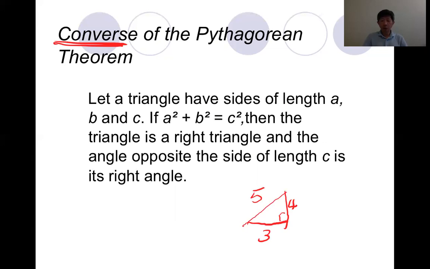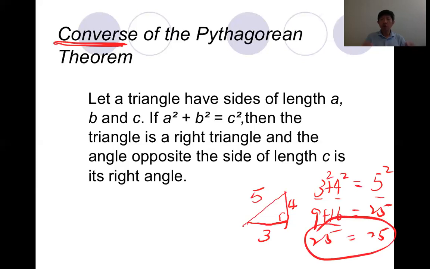So if I take 3 squared plus 4 squared, and find that the first area plus the second area is equal to the third area, then we can prove this is a right triangle. So this is 9, this is 16, this is 25. 9 plus 16 is 25, yes, 25 equals 25. Therefore they are equal, so we can prove this is a right triangle, and this will be the right angle, right?